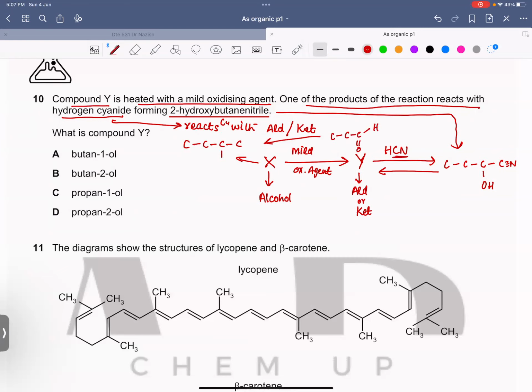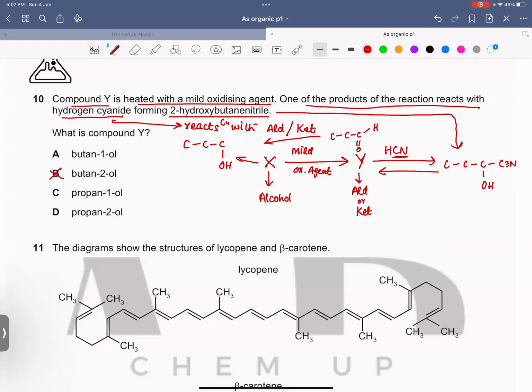So the 4th carbon is coming from here. So Y is propanol. And if Y is propanol, then it clearly means that X is a propanol, propane 1-ol.